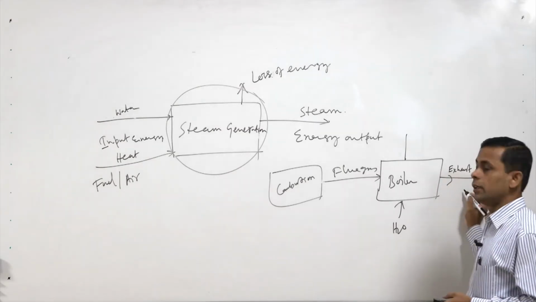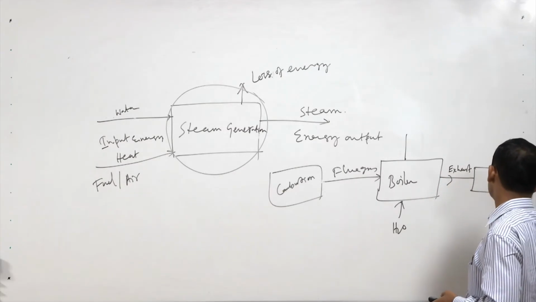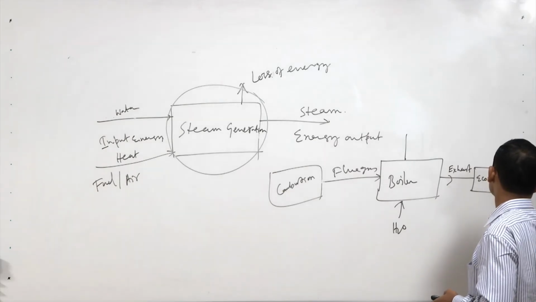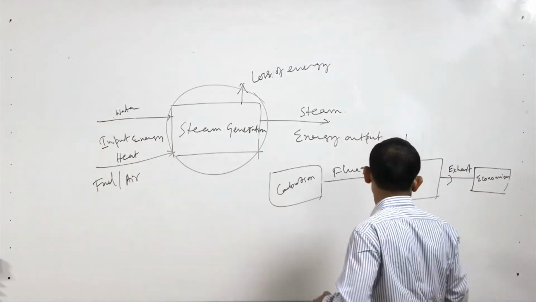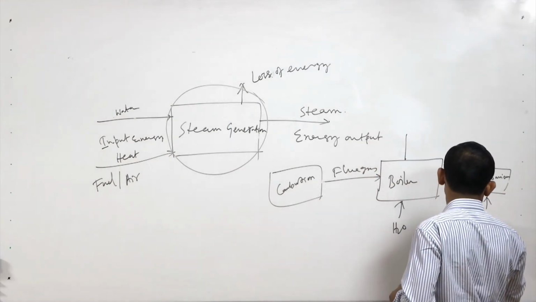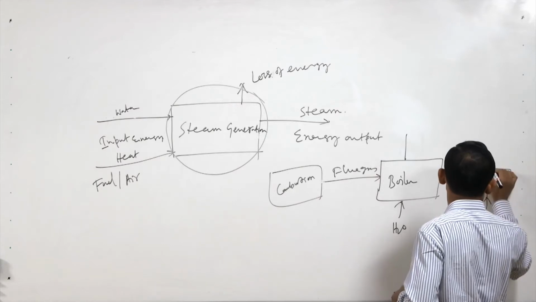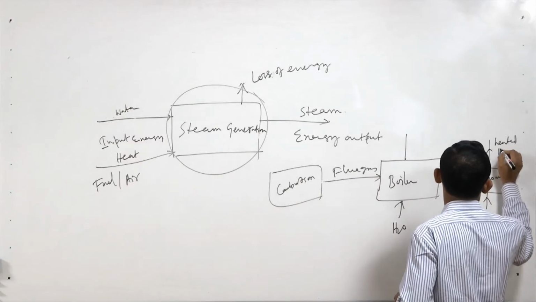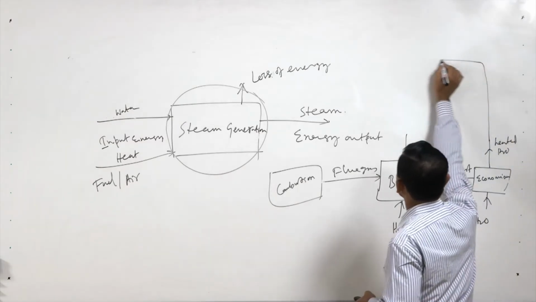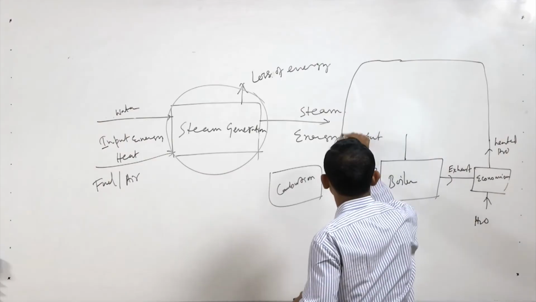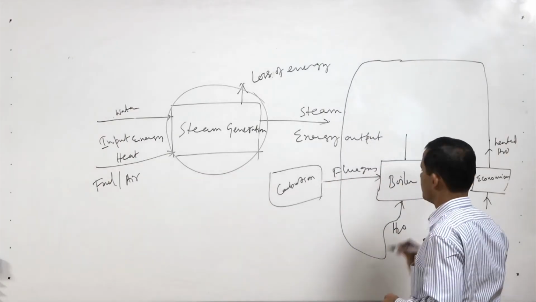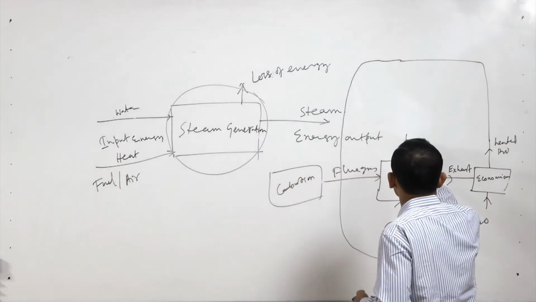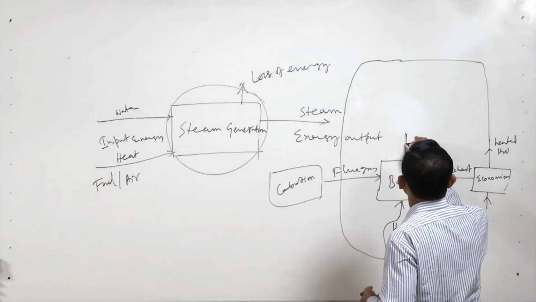So, the exhaust of the boiler will go for heat recovery, which is called economizer. In the economizer we put some water that will be heated and can be recycled back to this boiler, so that some heat is recovered, and then from the boiler we are getting the steam.